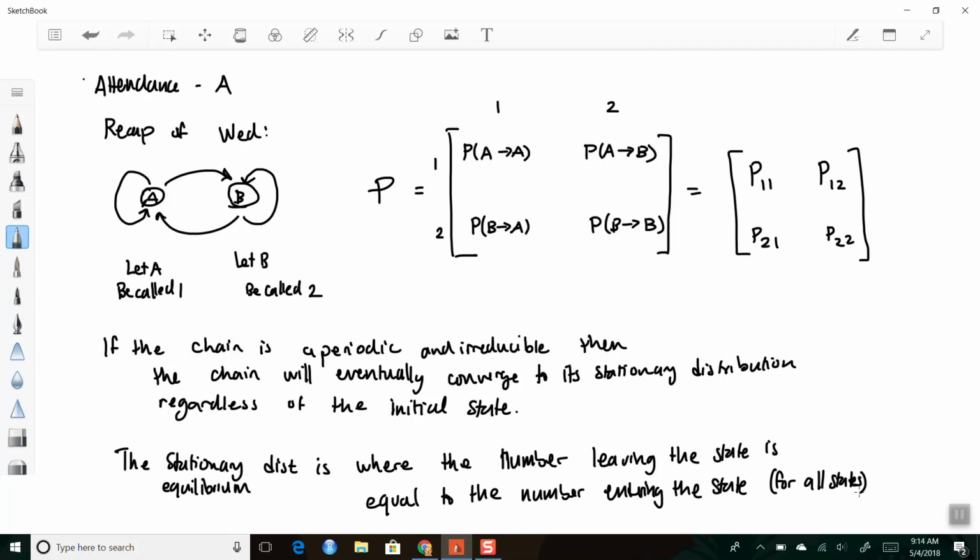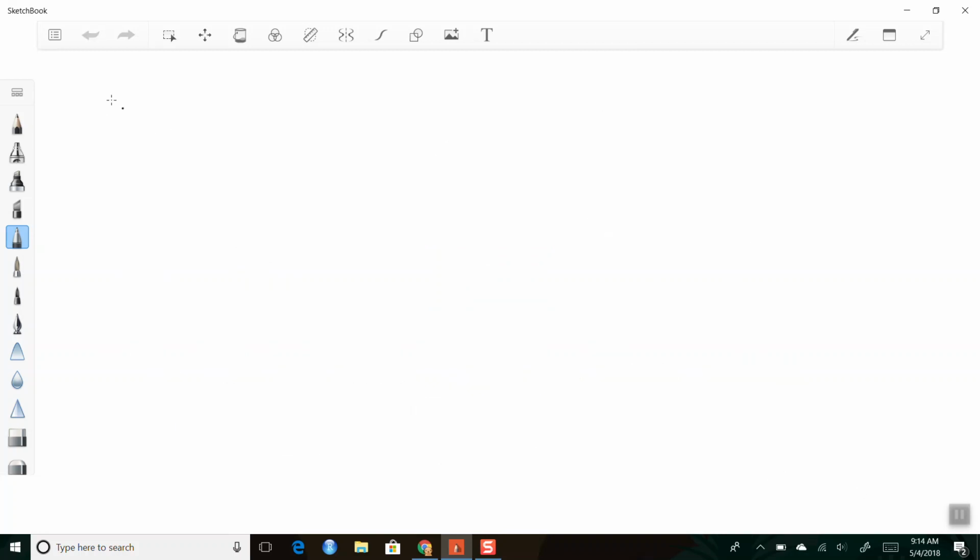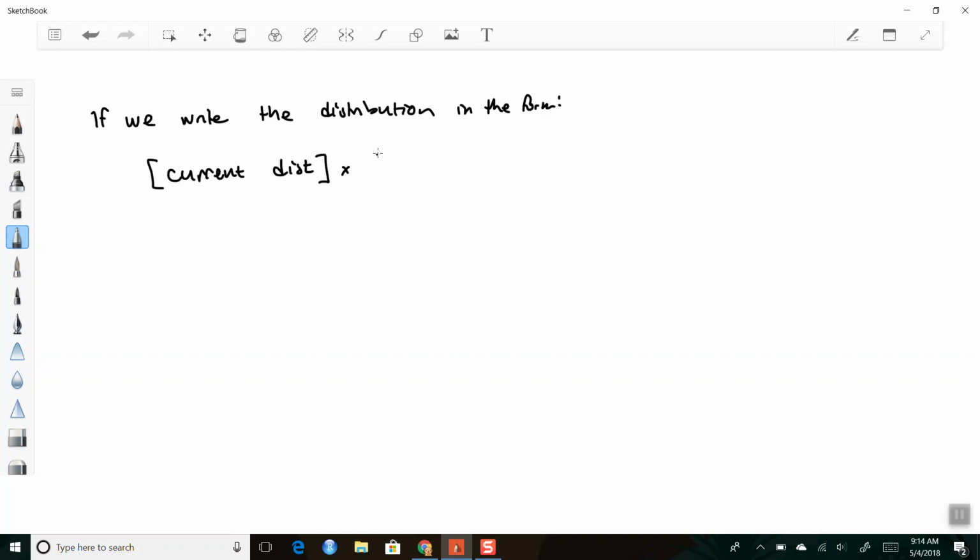And what this turns out to be is that, if we write the distribution in the form where you have a row vector for the current distribution times the transition matrix P, is equal to the next distribution.